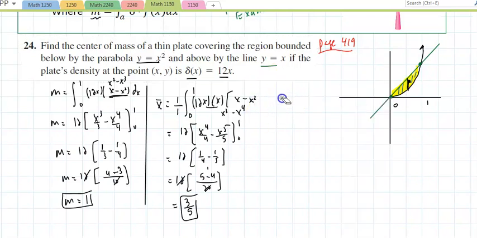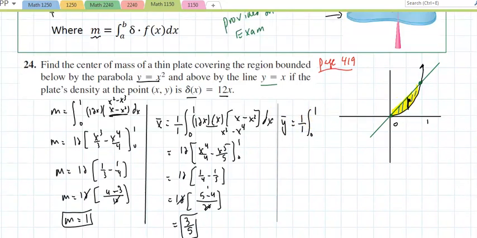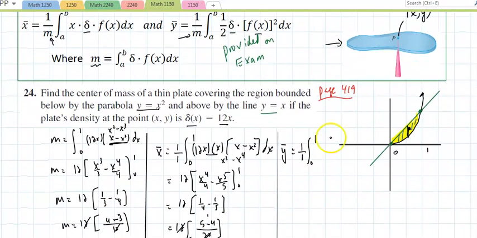And if I go for y bar, okay, I'll tell you what, easier. Just redo the whole thing. And if I look for y bar, according to the formula up there, y bar is 1 over m, m is 1 in this case, the integral from 0 to 1, and that's going to be 1/2 delta, which is 12 times f of x squared. And here, what you're really doing, if you recall from first semester calculus, you take the top and you square it minus the bottom and you square it.